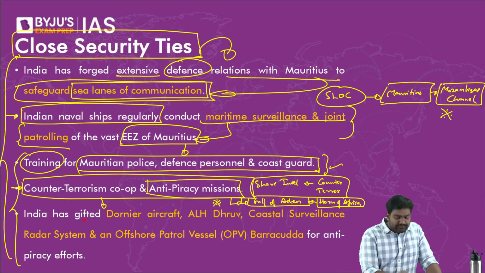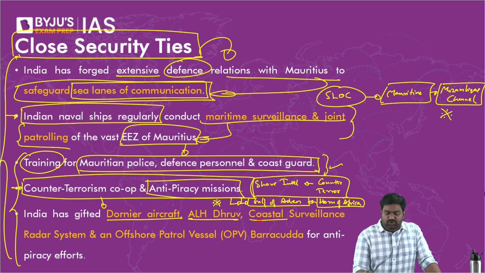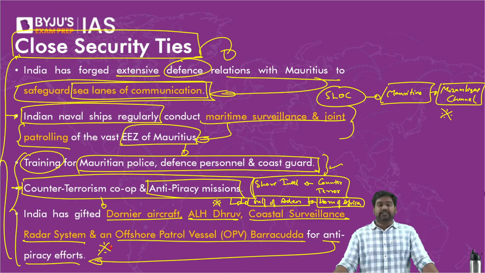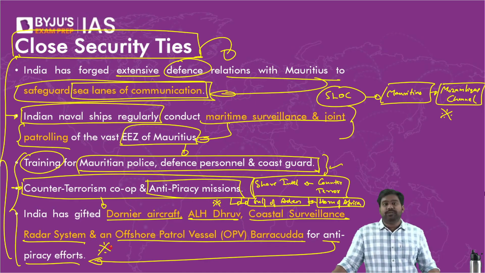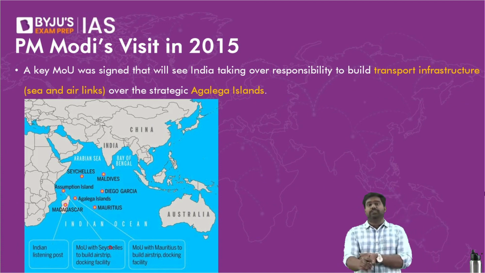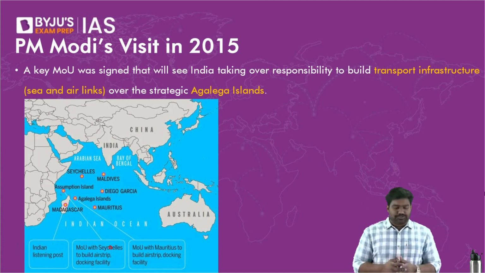So India has gifted Dornier aircraft and ALH helicopter. We have set up the coastal surveillance radar system. Offshore patrol vessel Barracuda, which is a naval vessel, has been gifted for better maritime surveillance and anti-piracy efforts. So this is the kind of close defense and strategic ties we share with Mauritius.